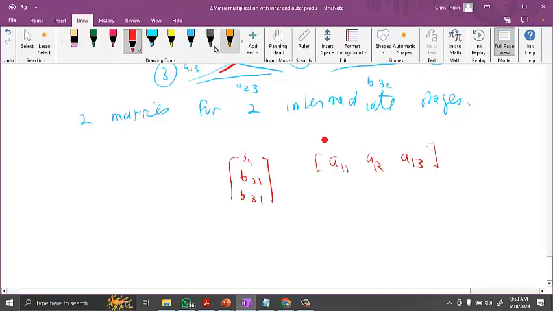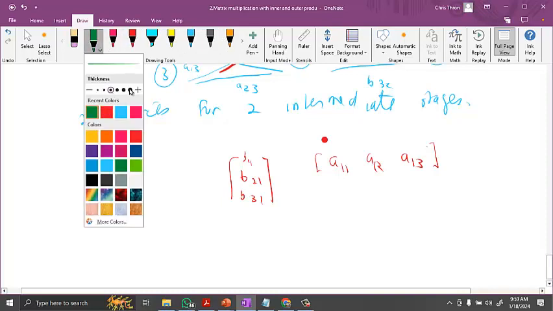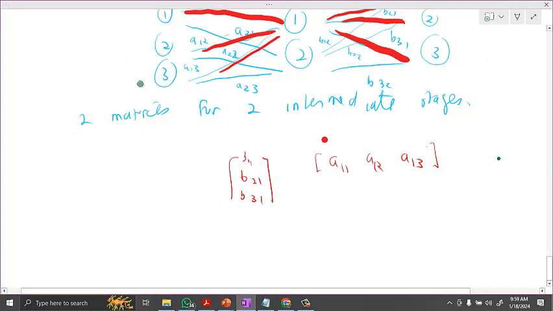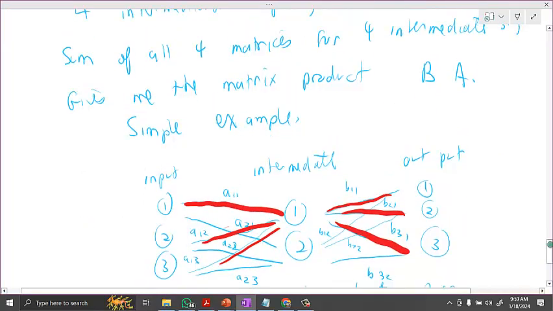Then if I take the matrix for the other intermediate stage, let me make that green. For the other intermediate stage, I'm going to have these other 3 here. Sorry, this diagram is becoming very messy. This one, and then this one, this one, this one.